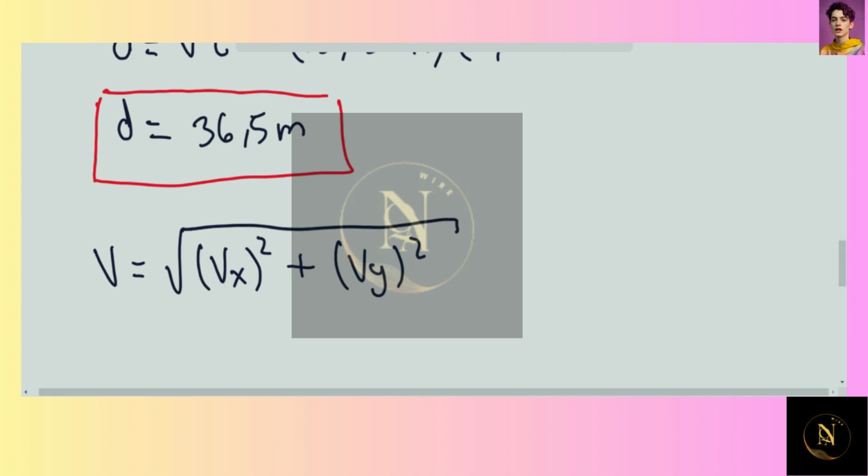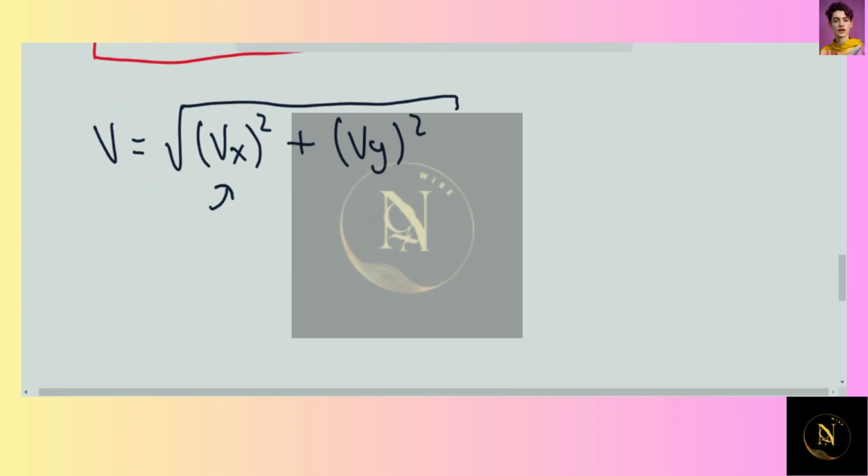We already know that x component from conservation of energy, but the y component, we can determine by kinematics, by knowing that the final velocity is equal to the initial velocity. In this case, we're going to put it in the y component just to differentiate. And this is plus the acceleration times t.